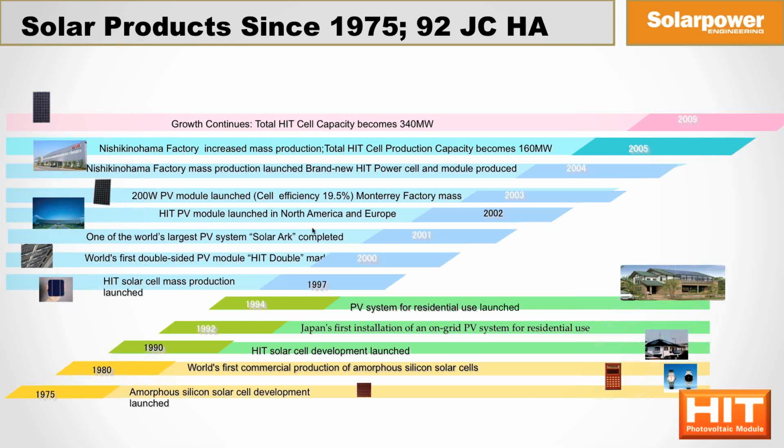If you look at the bottom points there, you'd see that is the kind of cell that would drive your solar calculator, going back to the 70s, or a solar watch, or some other applications there. And then the happy accident in the corporate history of Japan was looking for a material to deposit the amorphous silicon onto, coming up with a high-grade, solar-grade monocrystalline, putting the two together.